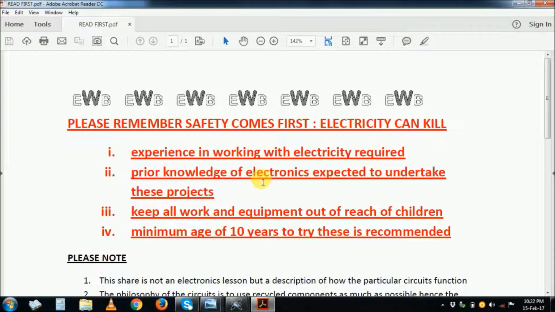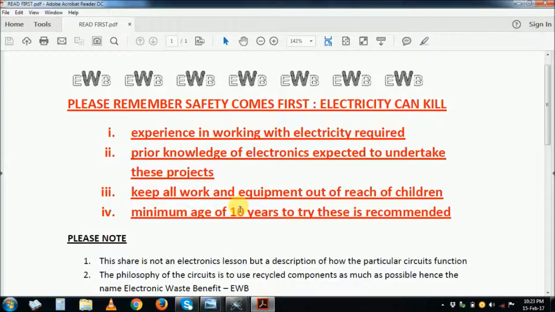Please, there are sharp objects there, your tools, and small objects that they can swallow. They are not allowed in workshops. Please, it's a no children zone. We expect 10 years and above for you to be able to understand the concepts that we are going to be discussing here.